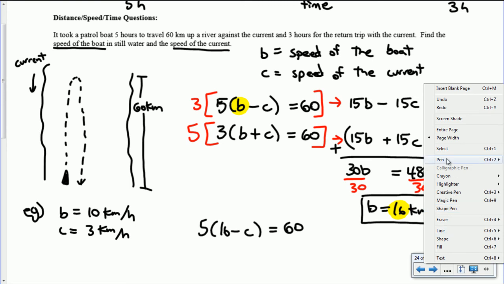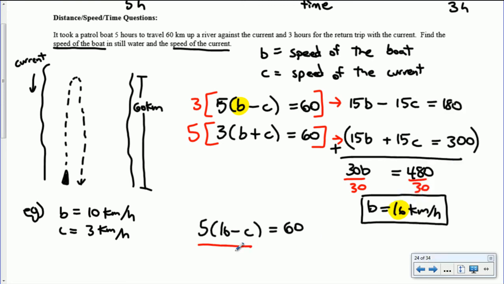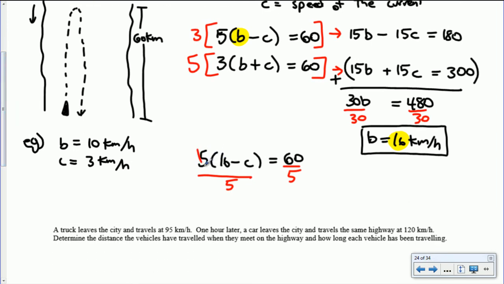Divide both sides of this equation by 5. That's just 1. 60 divided by 5 is 12. So we get 16 minus c equals 12. I can subtract 16 from both sides. So subtract 16 gives me negative c equals negative 4. So therefore c is equal to 4 kilometers per hour.